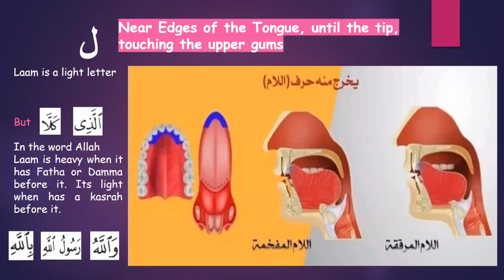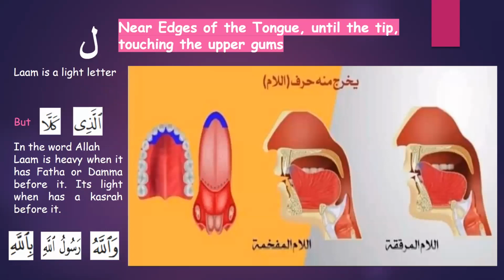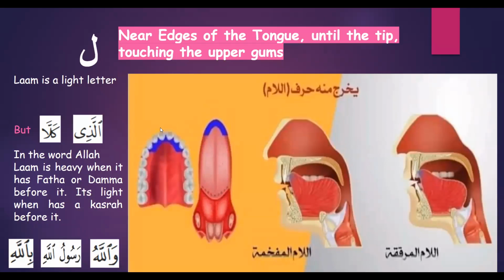Now we move on to the letter lam. The makharij for this letter is the near edges of the tongue until the tip, touching the upper gums.